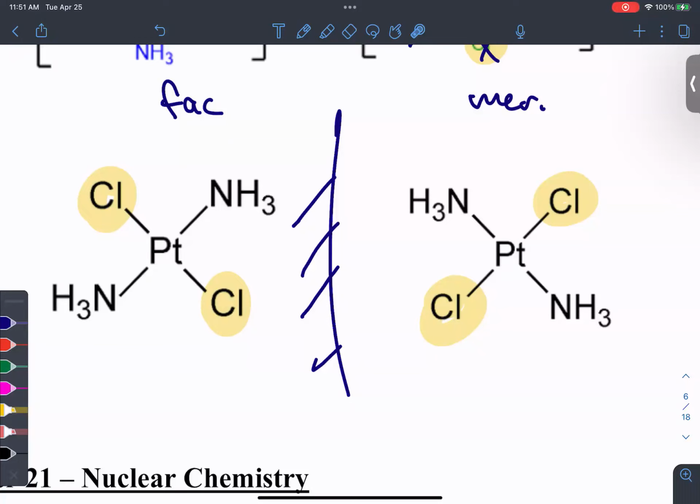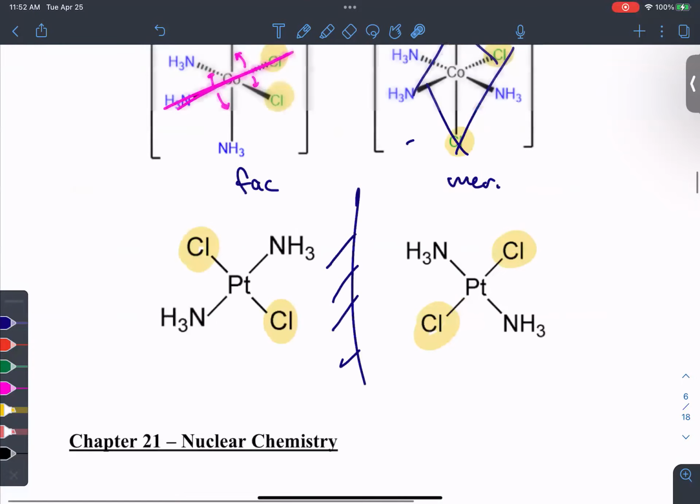So a square planar molecule will always have a mirror plane, and square planar molecules never have optical isomers, because the molecule is flat. If you put a mirror flat on the table as well, platinum doesn't have any bonds above or below it. So if you mirror image nothing, you get nothing on each side. So the molecule itself is a mirror plane. Okay, are we good with that?